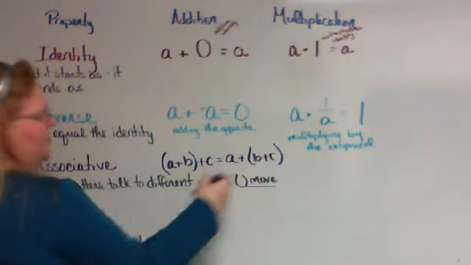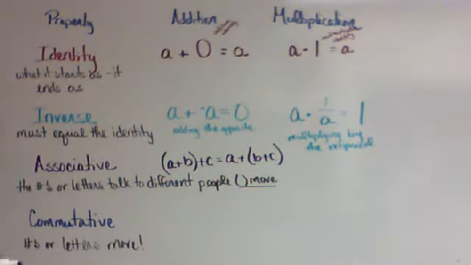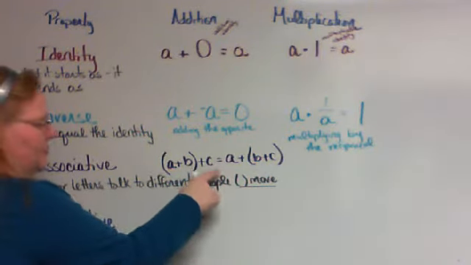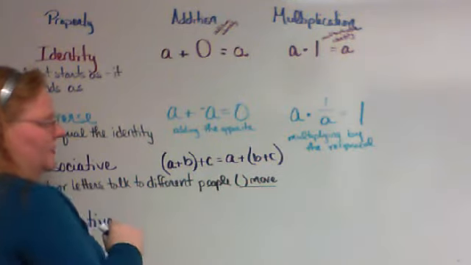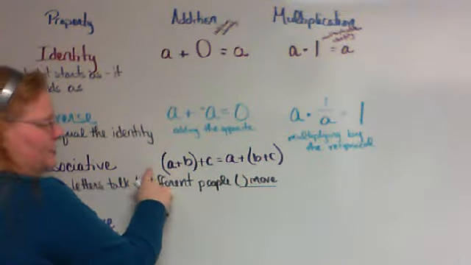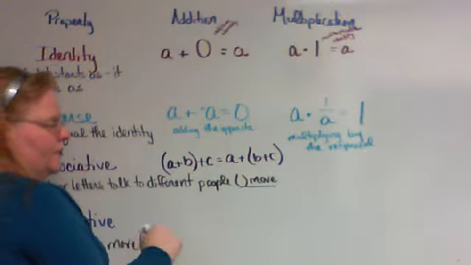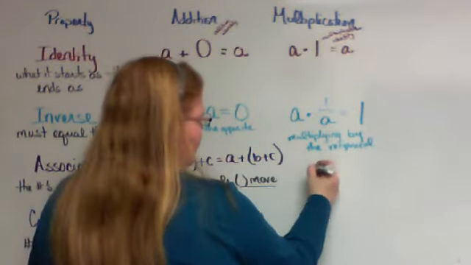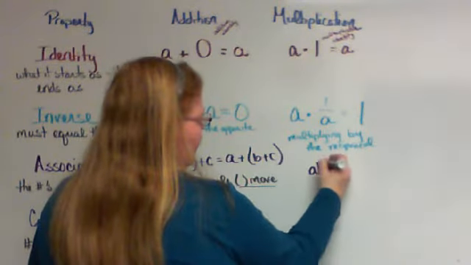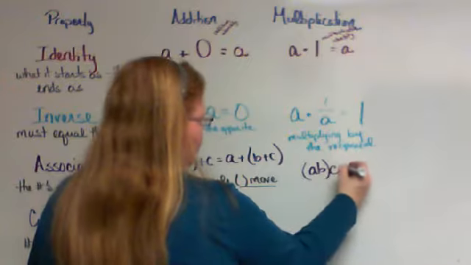My parentheses move places, but my letters all stayed in the same order. It's still ABC, ABC. That's for addition, because they're all pluses. If I wanted it for multiplication, I'd have to change them to all multiplication signs.